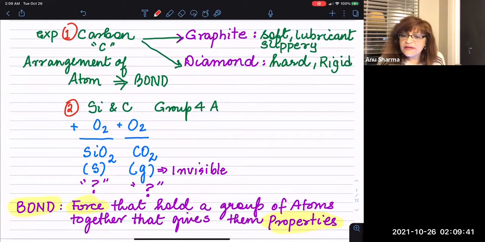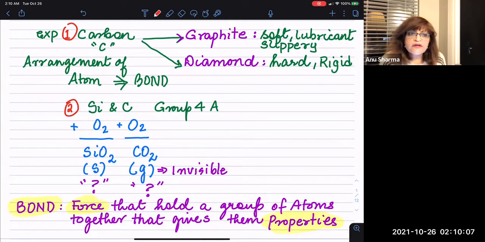How did the idea of these bonds come to us? The concept that something exists as a bond between the atoms came to us when we saw the differences in certain substances. For example, carbon. Carbon is made up of 6 electrons, 6 protons, and it's naturally occurring.